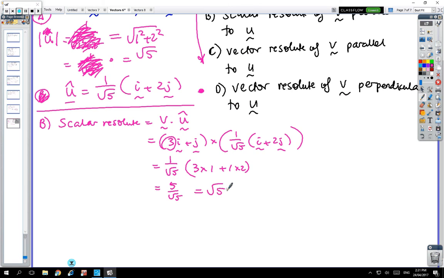So how long parallel is going to be root 5. We wanted to do the vector resolute parallel. Go back to the formula, sorry.